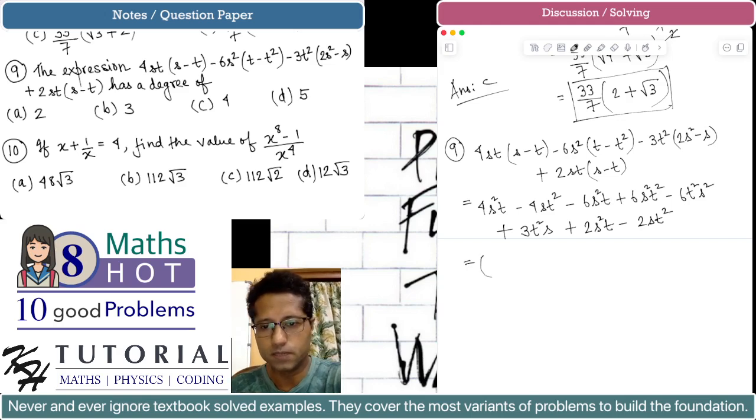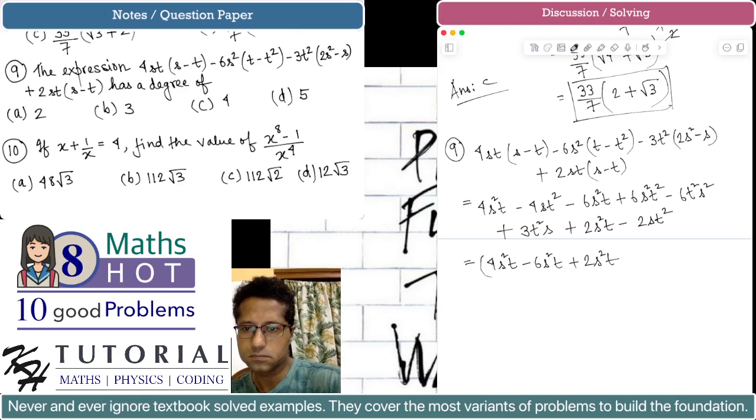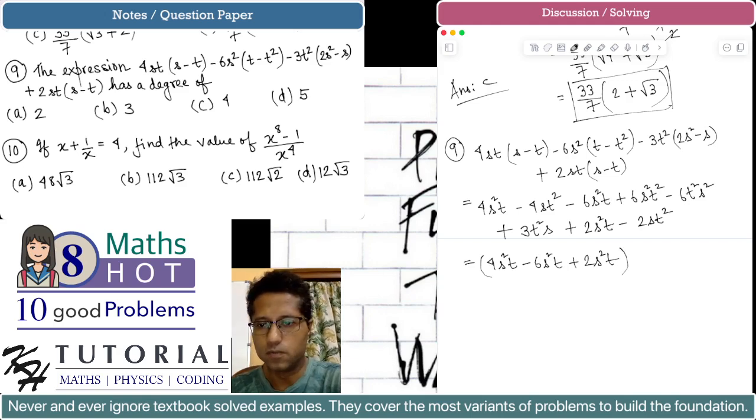So let's first group the like terms. 4 s square t minus 6 s square t plus 2 s square t. Okay. Then let's group the term s t square. So we have minus 4 s t square and we have plus 3 t square s and we have minus 2 s t square.